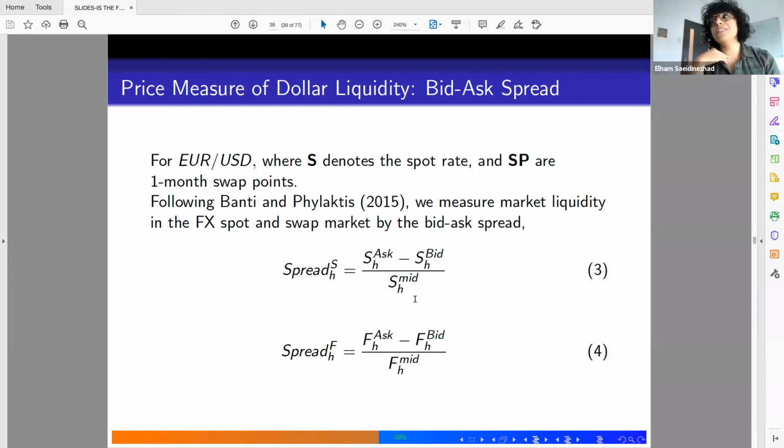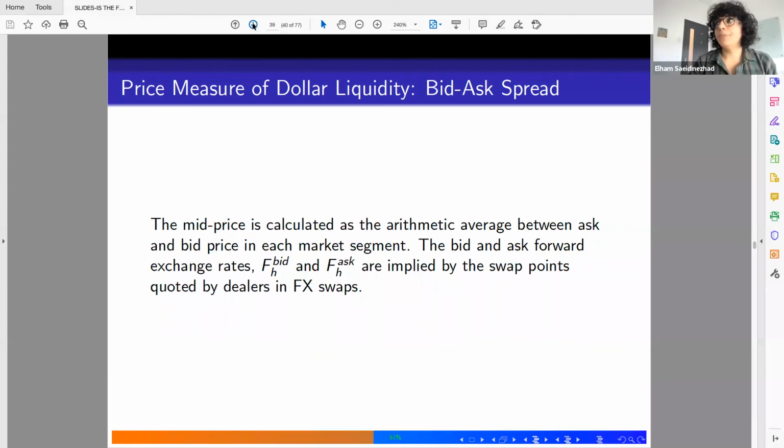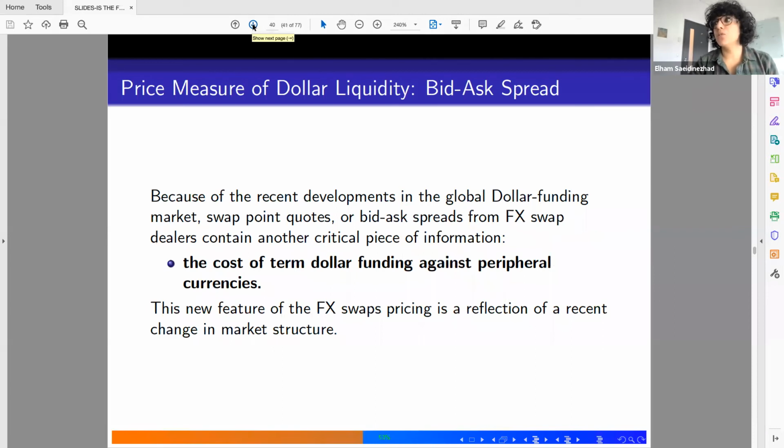What they saw is that this spread, which is the measure of the cost of access to dollar funding in the FX swap market, increases dramatically when there are fewer dealing banks. These two measures come from these BIS papers.